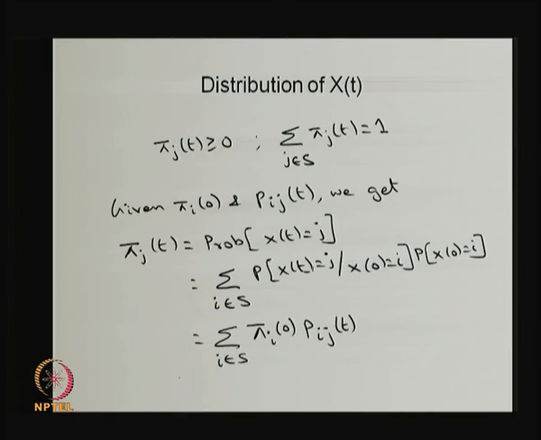I also explained the infinitesimal generator matrix, and using that how to find the transition probability p i j of t from the Chapman-Kolmogorov equation, and we got the forward as well as the backward Kolmogorov differential equations. By solving a forward or backward Kolmogorov differential equation, one can get the p i j of t, that is the transition probability. Using this, you can get the pi j of t, that is nothing but the distribution of X of t.